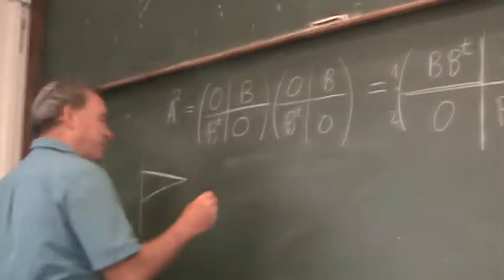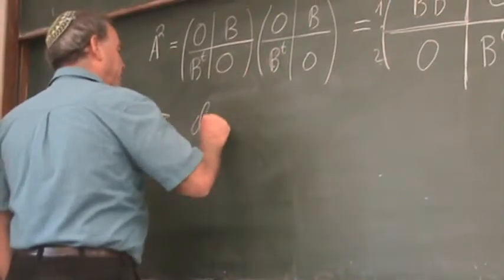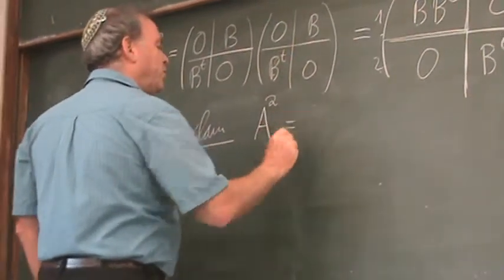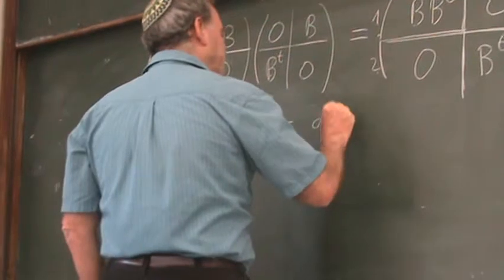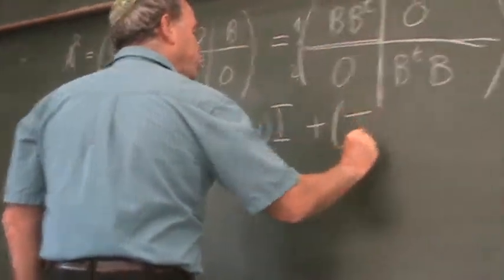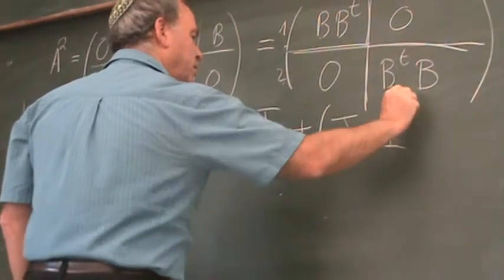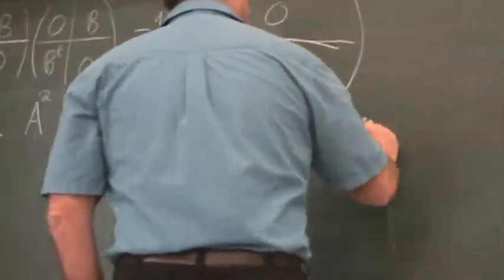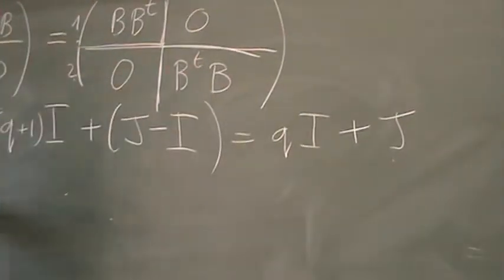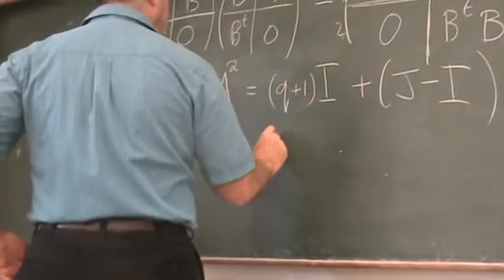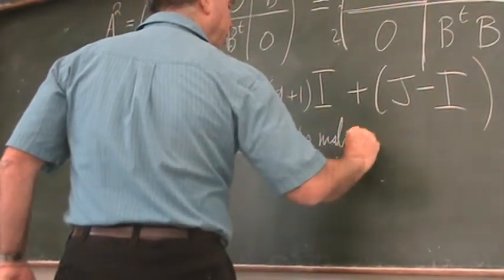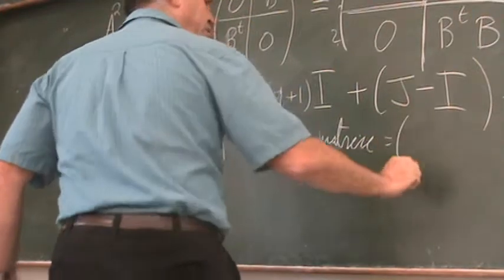More important, let me claim, and it's an easy claim, that A squared is equal to (q + 1)I + (J - I), which is equal to qI + J, where J is the all-ones matrix, a matrix such that everything is 1.